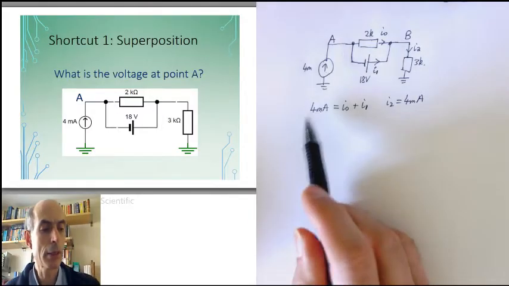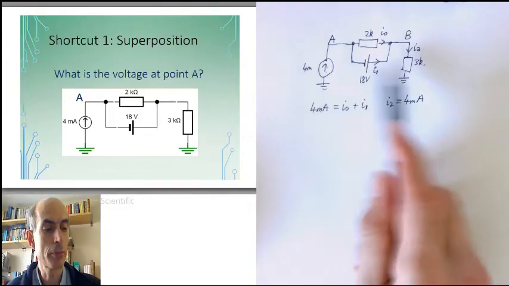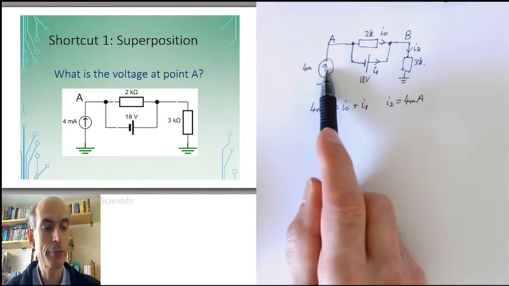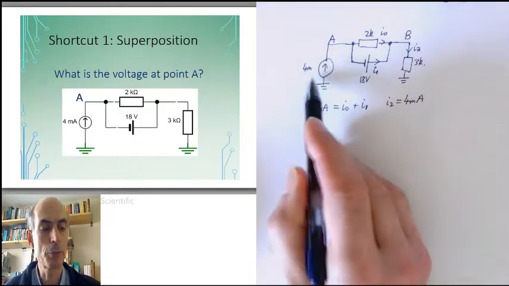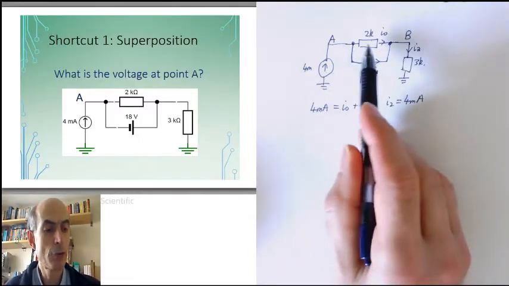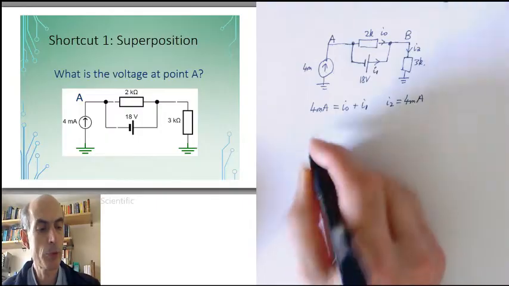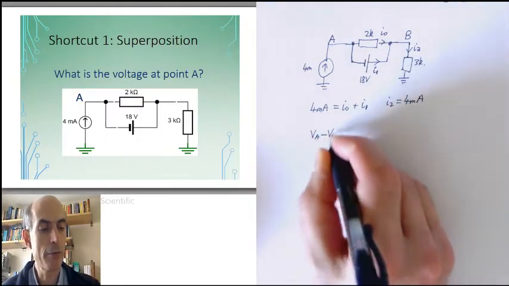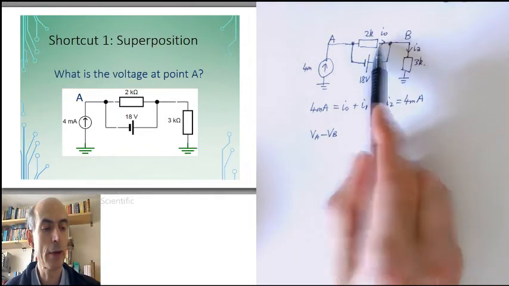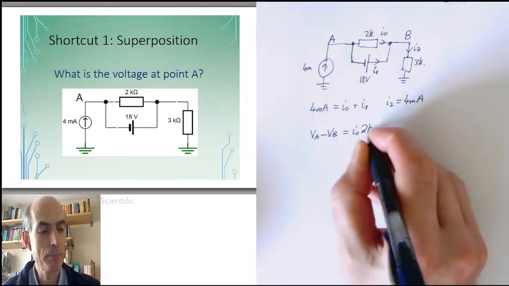Then I have to apply the characteristic equations for each one of these components. There's no need to do it for the current source because I've already defined the current flowing up through here as being 4 milliamps. That's not a variable. I do need to apply Ohm's law to this 2K resistor, however, and that would tell me that VA minus VB, that's A minus B because the current is flowing in this direction from A to B, is I0 times 2K.